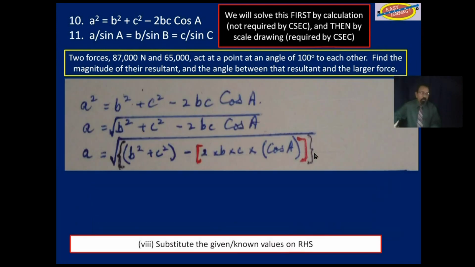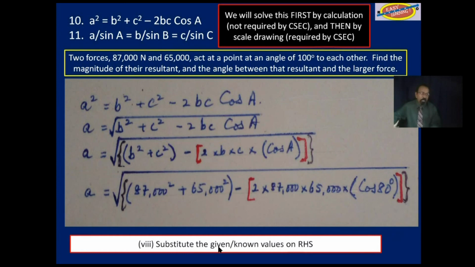So we have that. We now substitute the values that we know. B is 87,000, and we square it. C is 65,000, which is squared, minus, open bracket, 2 times B times C times the cosine of A, which is 80. You could do all of that in one step if you are careful with the brackets.